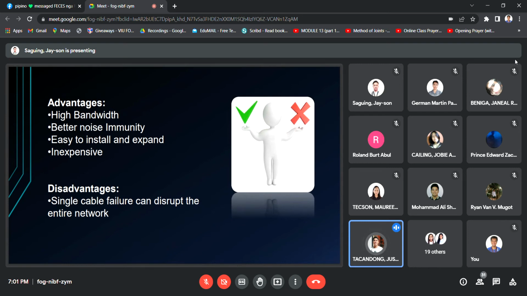And last, it is inexpensive. So an example of coaxial cable is the TV wire, the one for the antenna. So next, the disadvantage. A single cable failure can disrupt the entire network. Next slide, bro.